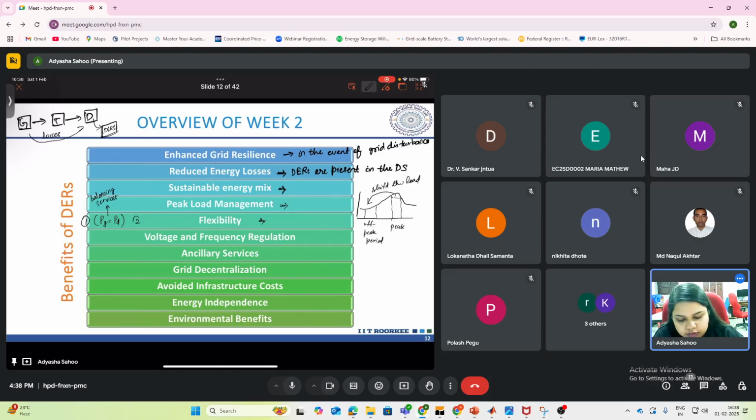Then the other thing for smooth system operation is the line flows, that is, the power flow in the line is within the limits. This is congestion management.